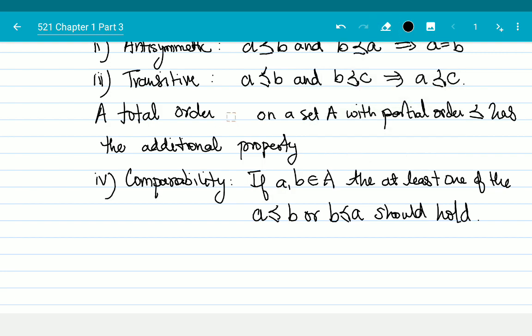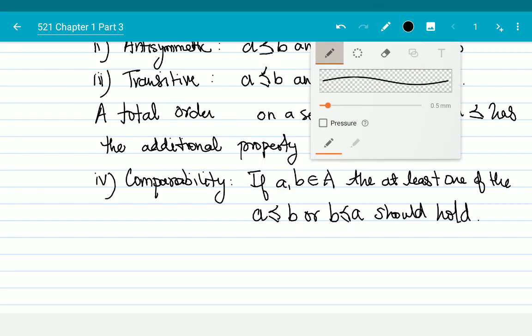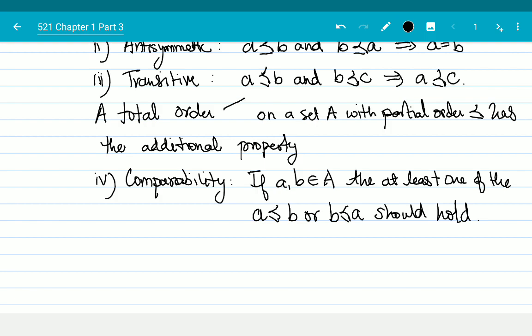My total order and my partial order look similar. These should be proper straight lines, which I am not very good at drawing, and these are curvy lines.